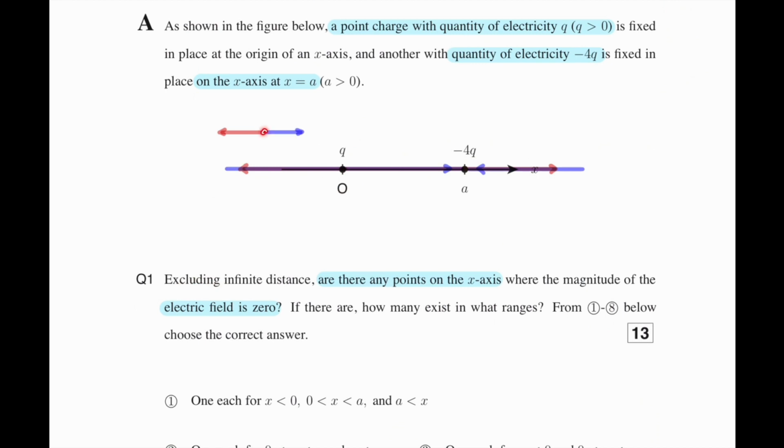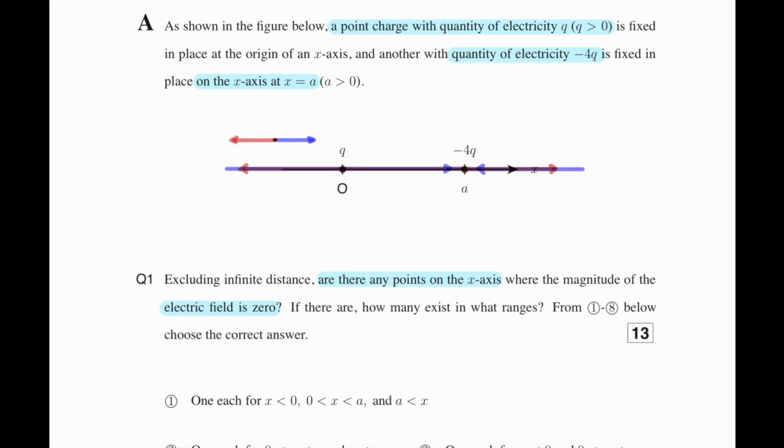This point is basically on the x-axis, but I draw it a little bit higher so we can see it clearly. So this point is possible to produce electric field of zero, because one field is to the left, the other to the right. How about the region between these two charges?